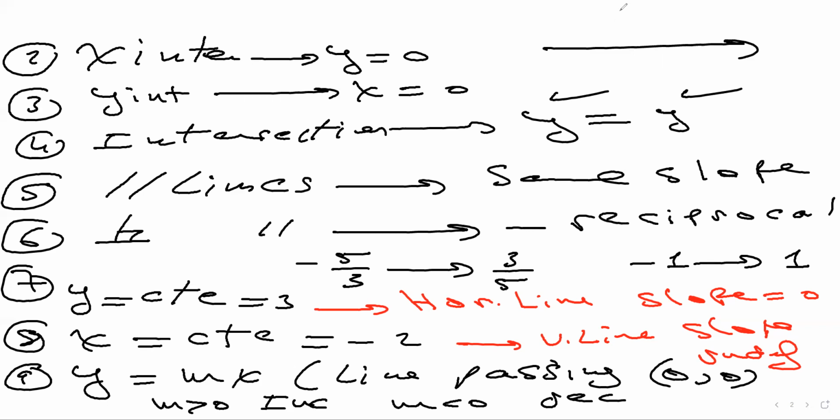This is x, this is y. This line passes through the origin, but because m is positive, the line is increasing. And this one is what? Decreasing. So this one is y equals mx, but m is negative because it is a decreasing line. This one is increasing because y equals mx passes through the origin. Is that clear?